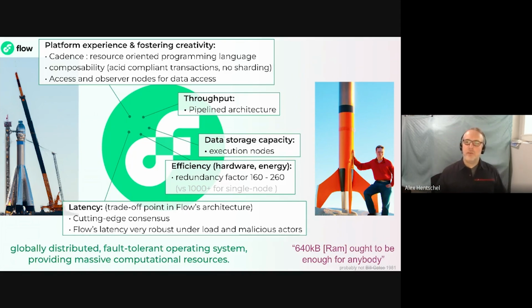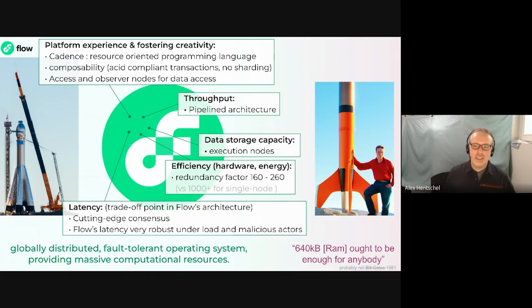It's very energy efficient, as I said, about a factor of 5, one order of magnitude more energy efficient than single node architectures. In our system, latency is a bit of a trade-off factor, but we still have a cutting-edge consensus algorithm. You might have followed what we did earlier this year.